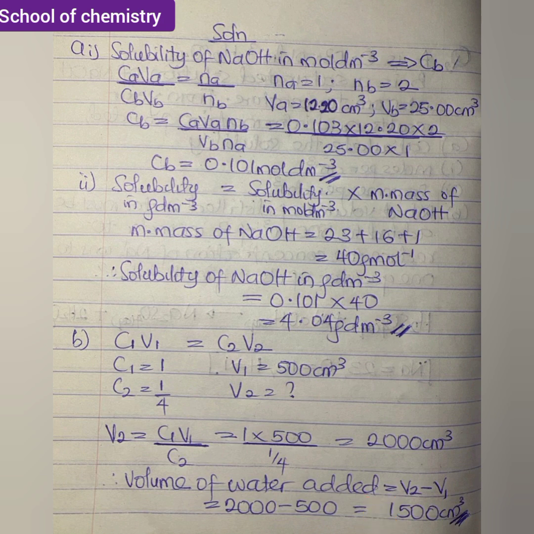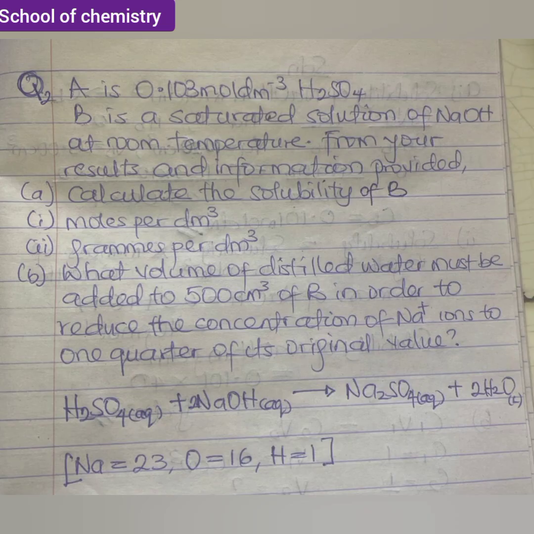Now, when NaOH ionizes, it will give you Na+ and OH-. That is, NaOH and Na+ have a mole ratio of 1 to 1. It simply means whatever your mole for NaOH is, that will be your mole for Na+. Whatever your concentration for NaOH, that will also be your concentration for Na+. So, the question says, what volume of distilled water must be added to 500 cm³ of B?